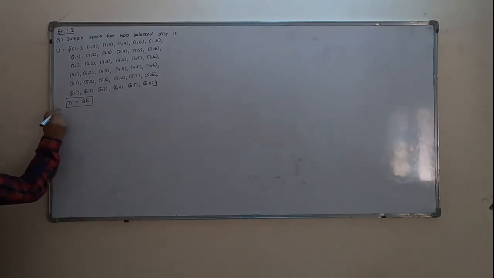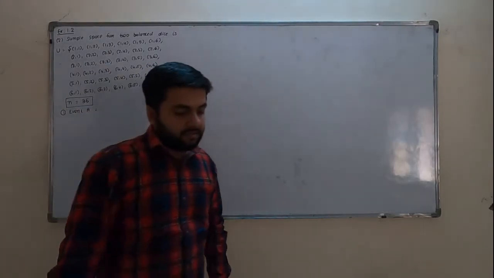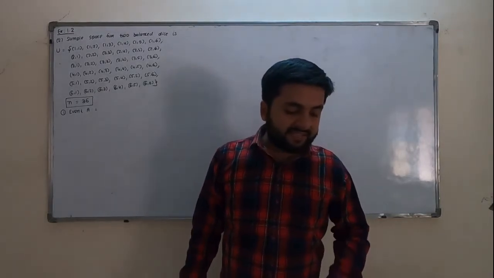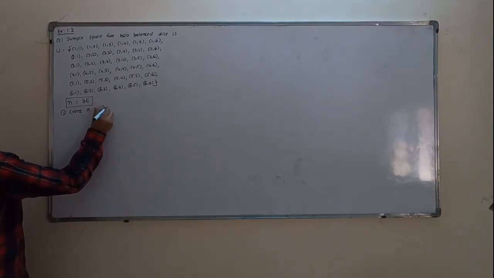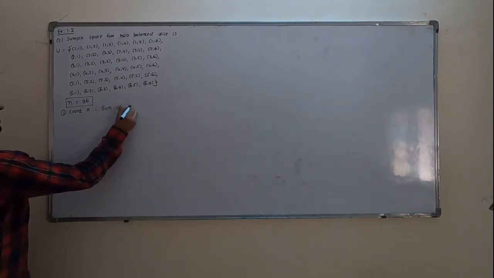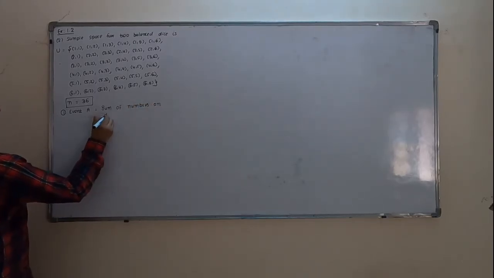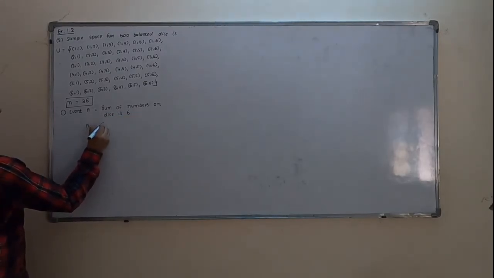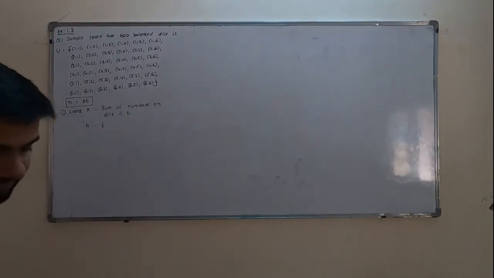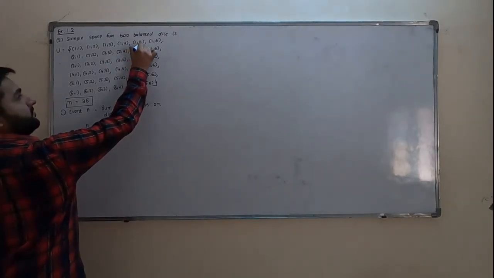Now number 1, event A is equal to sum of numbers on dice is 6. So the elements of set A: first look where you will get a total of 6.